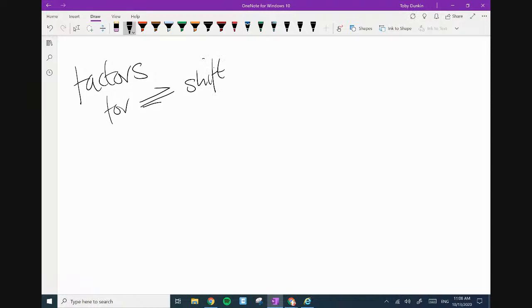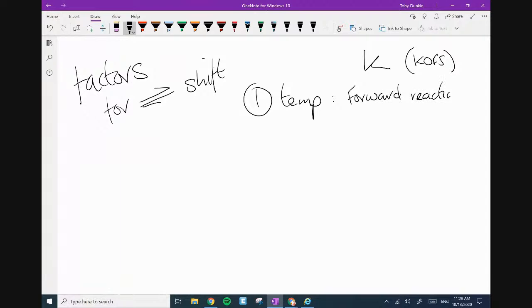We know these. Number one, temperature. Knowledge, the K from KOFS, yeah. The knowledge here for temperature is forward reaction endo-exo. Yeah, that's the knowledge. Plus delta H, minus delta H.